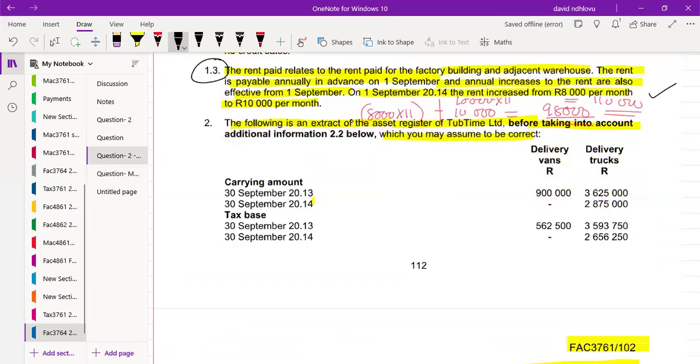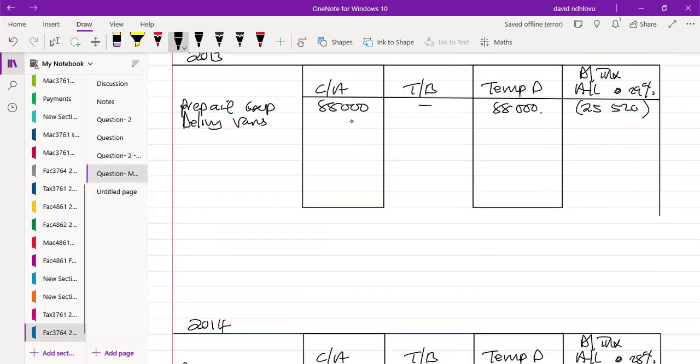Then we were told the carrying amount is given at the end of the prior year, which is 900,000. And the tax base is also given at the end of the prior year, which is 562,500. It's an asset. You don't put brackets on assets.